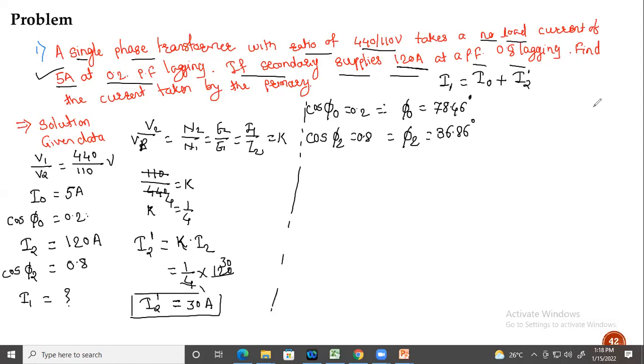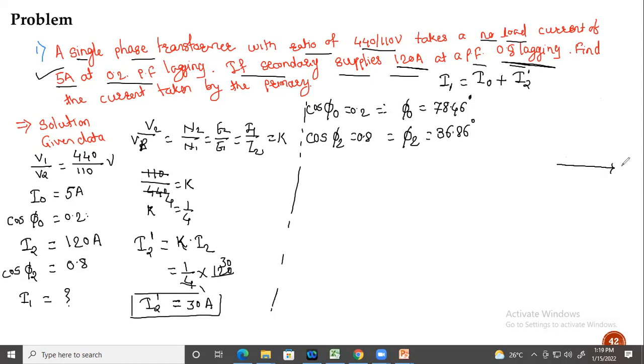When the transformer is on load condition, we have calculated the phasor diagram. See here lagging power factor is given, so whether the load is inductive or capacitive? Current lags behind voltage. Load कोणता? Inductive load. Okay, so we are able to draw the phasor diagram.